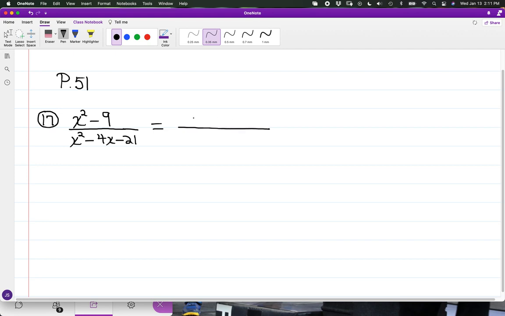And so we have x squared minus 9, which will factor to x plus 3 and x minus 3. As for x squared minus 4x minus 21, we factor x squared into x and x.